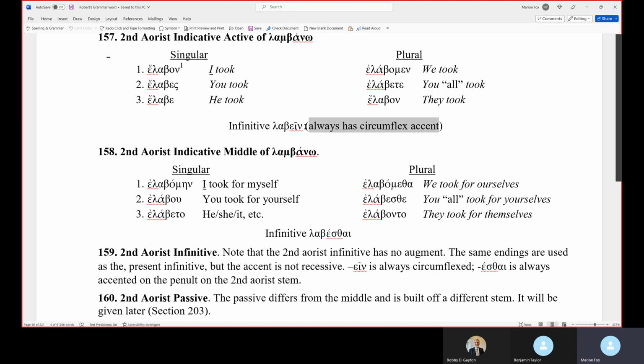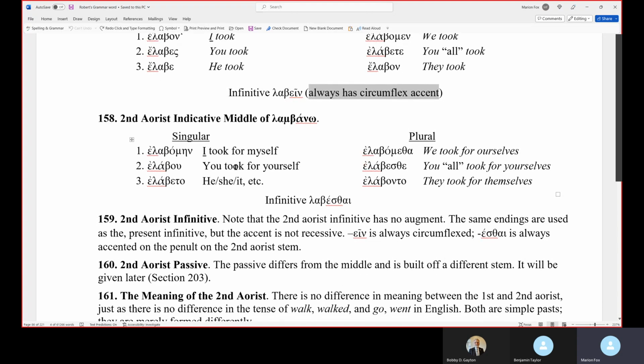I took for myself. We come down here to the middle for λαμβάνω, I took for myself. Notice he's translating it as taking instead of receiving, right? The middle voice. And we have ο μην with epsilon: ἐλαβόμην, ἐλάβου, ἐλάβετο. We already went through those, didn't we? Okay. Right.